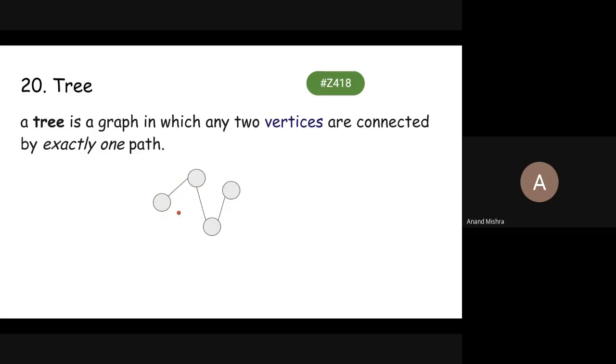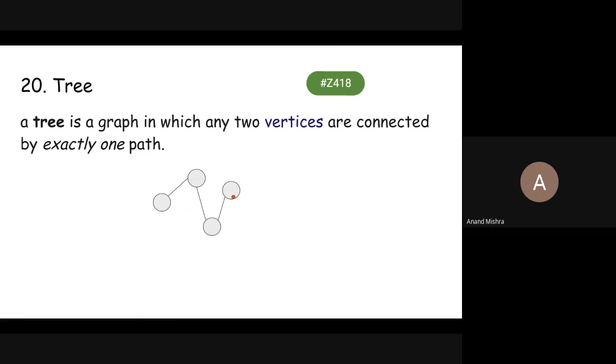Any two nodes you take, there is exactly one path. But if there is more than one path, that is not a tree, right? So if I connect these two nodes, then it will not be a tree, because then you will have two paths between two of the nodes.